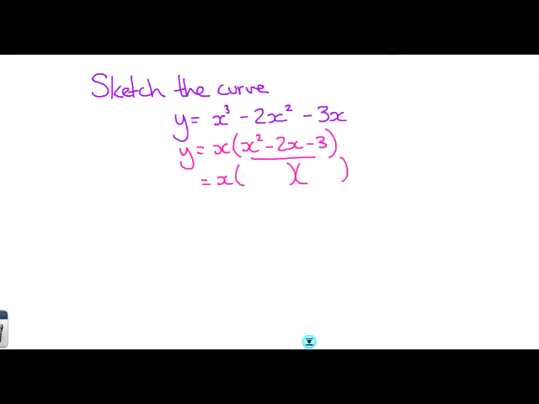The factors of 3, we've only got one option because it's a prime number. But how do you make a minus 2? So it's going to be minus 3 plus 1. So if we were to solve this, we'd have x is 0, x is equal to 3, and x is equal to minus 1.